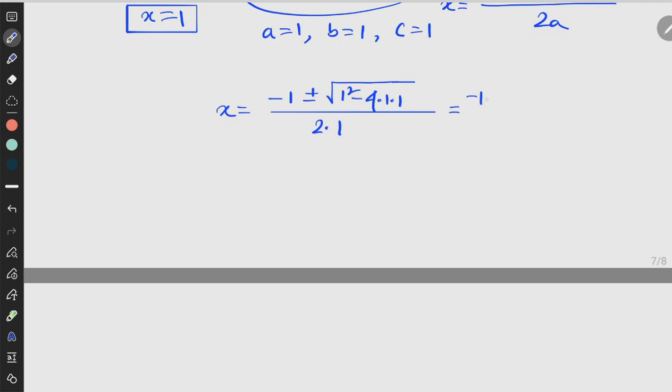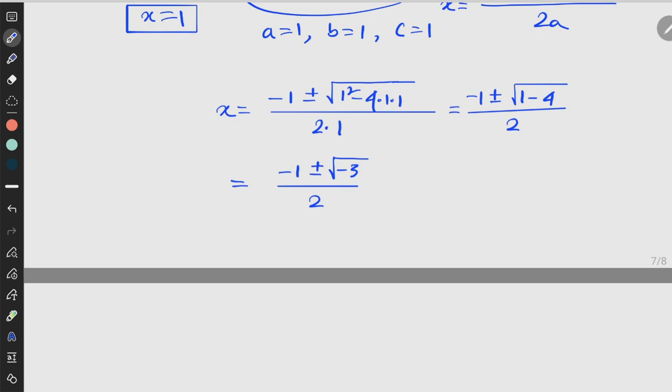Next, minus 1 plus minus root over of 1 square is 1, minus 4 into 1 is 4, 2 into 1 is 2, equals minus 1 plus minus root over of minus 3 by 2.